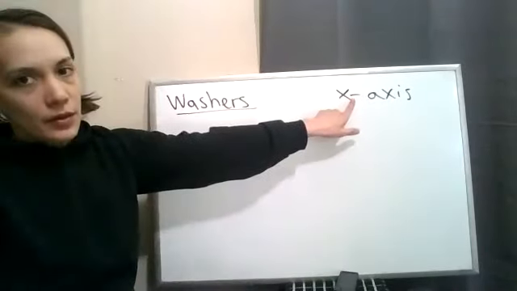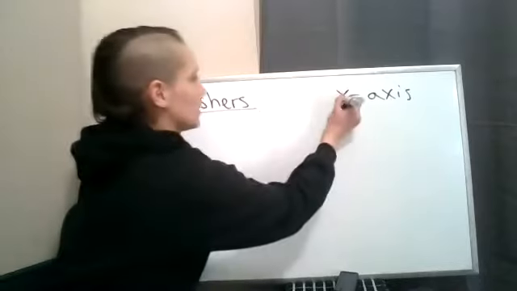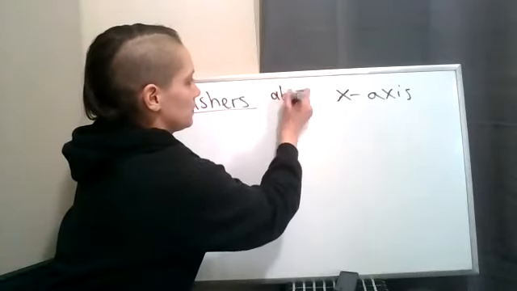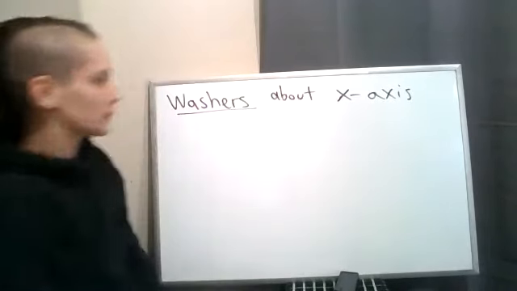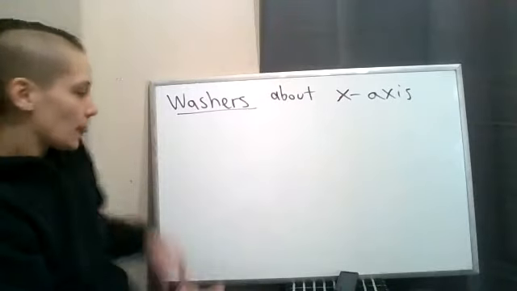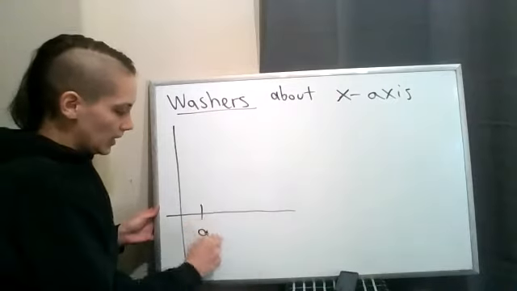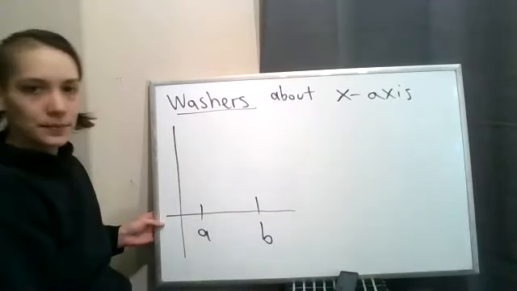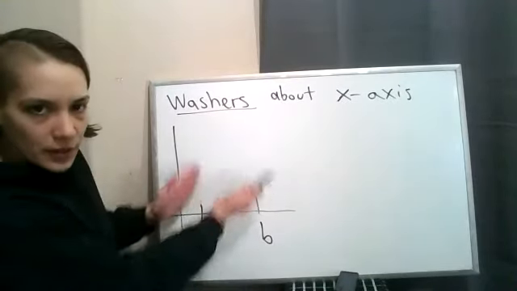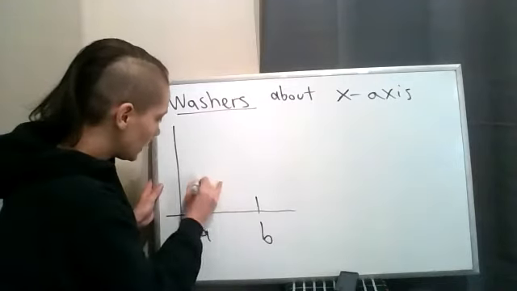Okay, still, we're going around the x-axis. Here, and draw from A to B. With that piece, we're going to go over this way.